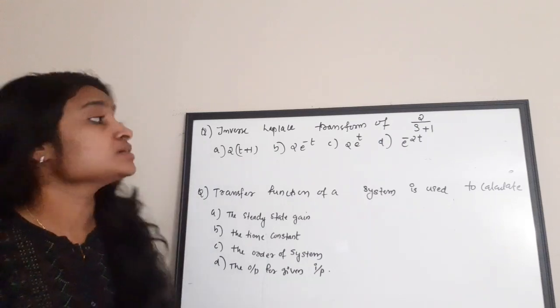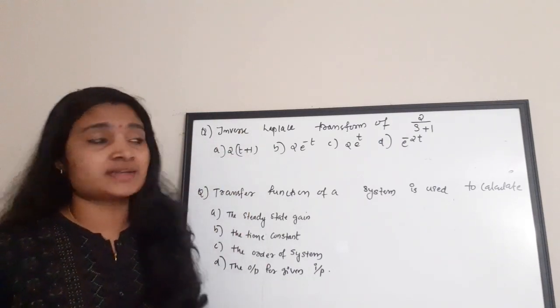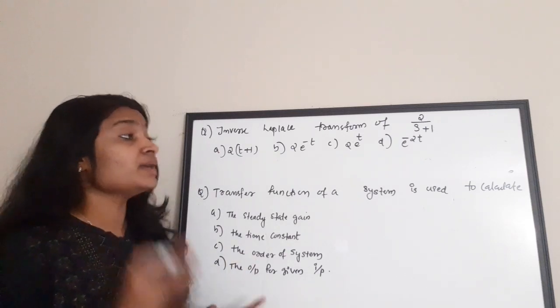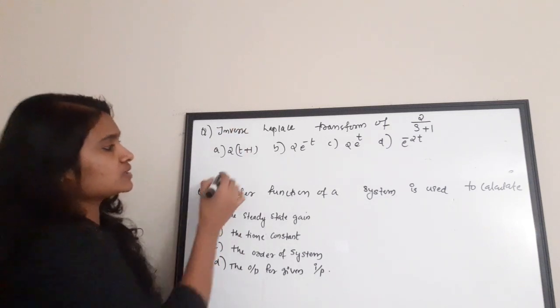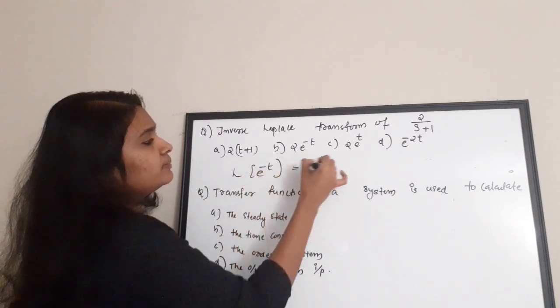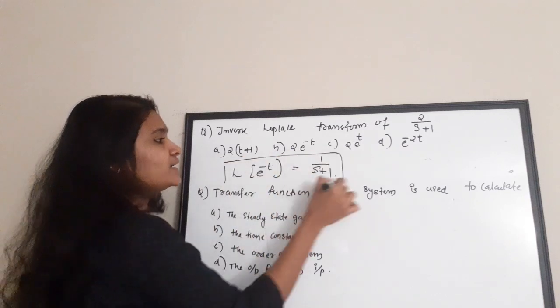Next question is this: inverse Laplace transform of 2 by s plus 1 is dash. Very simple question. You only need to know about Laplace transform, and that too a very basic thing is being asked here. What is the Laplace transform of e raised to minus t? It is 1 by s plus 1. That is the only thing you should know to answer this question.